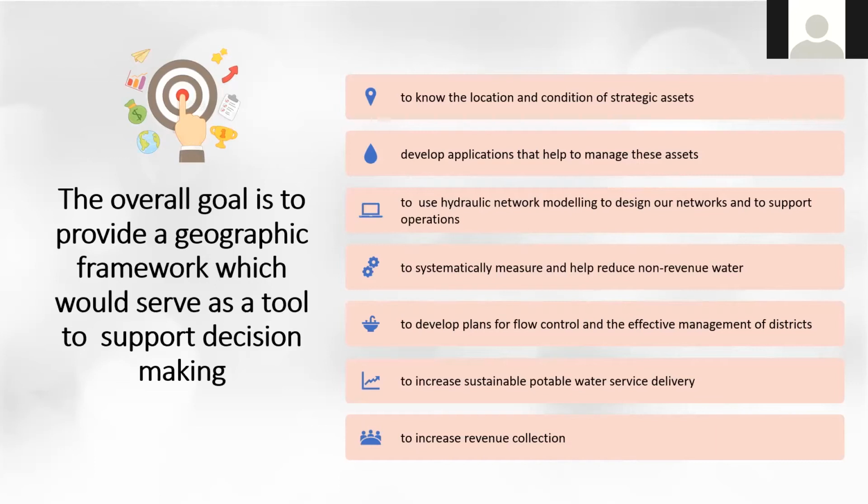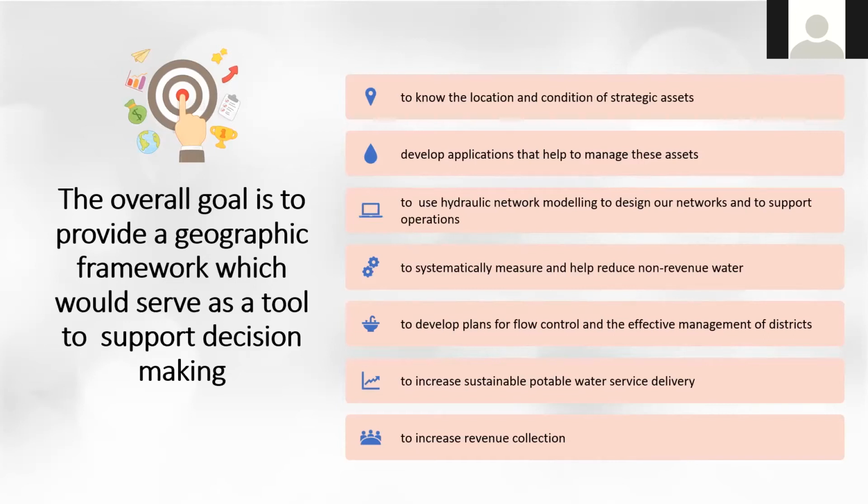We are also developing applications to help achieve this goal, applications specifically GIS related and IT based. We also try to develop hydraulic network models, and that would help us in designing our water networks and also to support their operations.